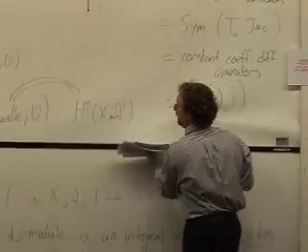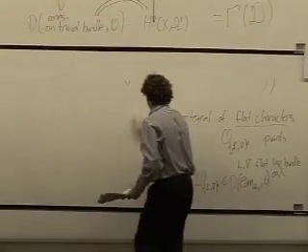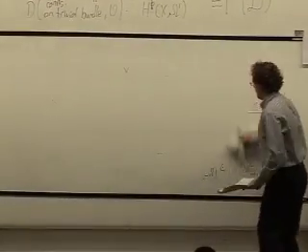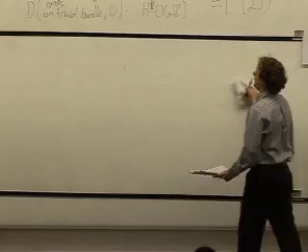So let me just write this. This is going to be the abelian version of Beilinson and Drinfeld's quantization of the Hitchin system.